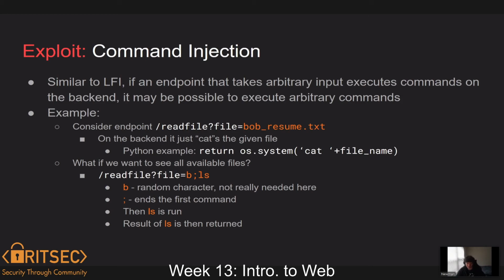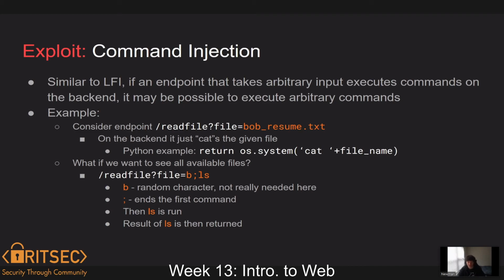Simple way of doing it if you just want to get it working, but it is bad to do because, well, if we wanted to, we could pass a semicolon to terminate that command and then run our own commands. And now we can use it like a shell. So in this example, instead of sending Simon resume.txt, we're just going to send B. It's a random character. It doesn't really matter.